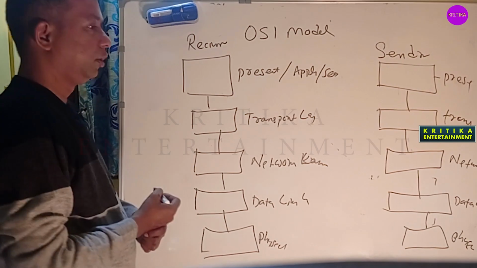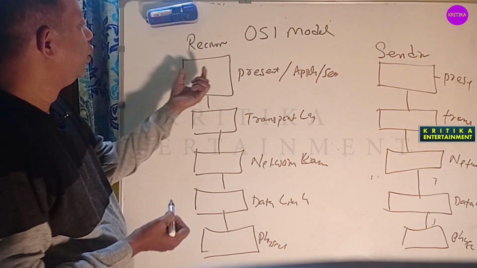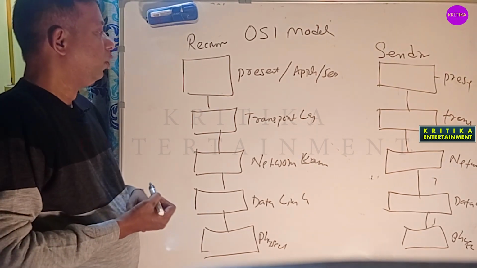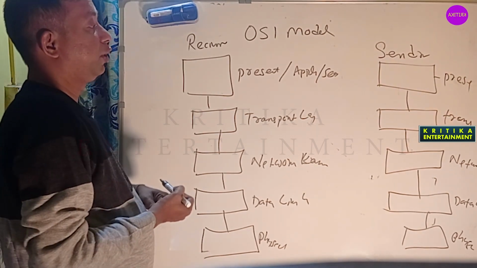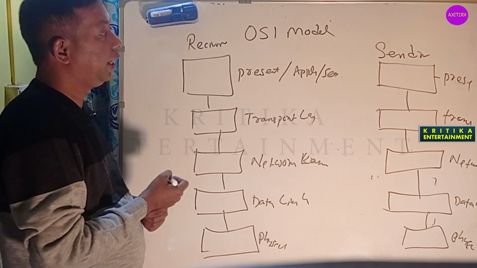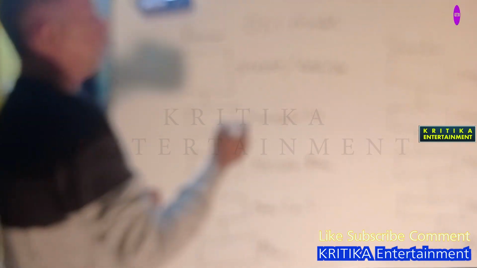So the question is, when you send the data, what will happen? Socket is the endpoint of communication, so what does that mean? Whenever we send hello from sender to receiver, what will happen?